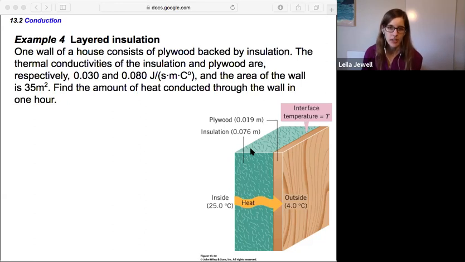What variable do we think that thickness is going to correspond to? Well, if the heat is flowing through the wall, that's going to be the length that the heat must conduct through. So we have a length of the insulation and a length of the plywood. We also have some temperatures given, right? Notice inside, our temperature is nice and warm, versus outside, it is much colder. Call it T out maybe.